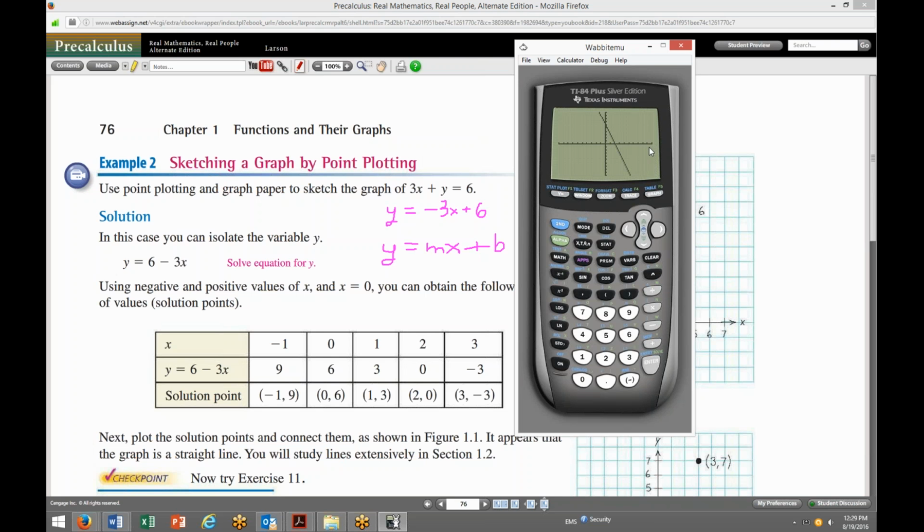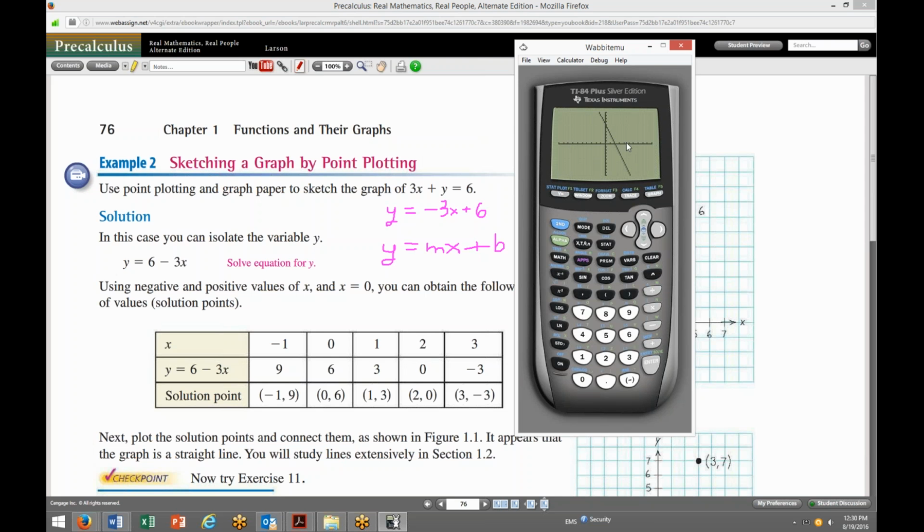But let me make a pretty obvious point here. With the display that the TI-84 gives us, I can point at it and try to interact with it, and as you well know, that doesn't happen. If I click on the (0, 6) point, nothing happens. If I click on the (2, 0) point, nothing happens.